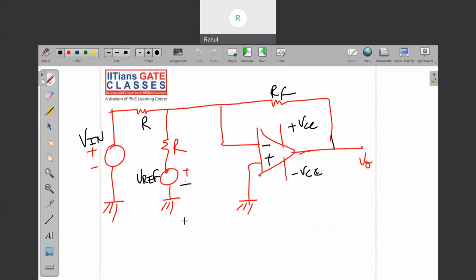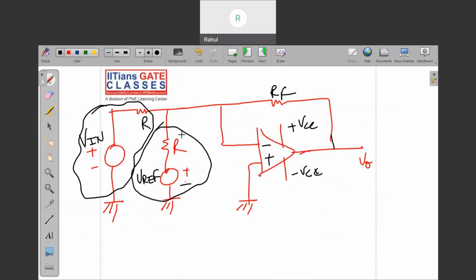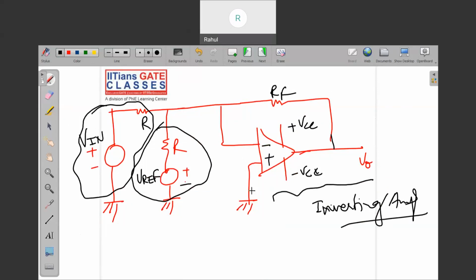As we know, this is a current source only, right? So this is the inverting stage, an inverting amplifier, because this is grounded. From the virtual ground concept, we can say there is 0 voltage here, right?